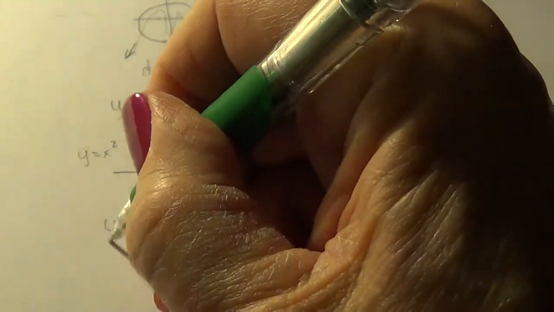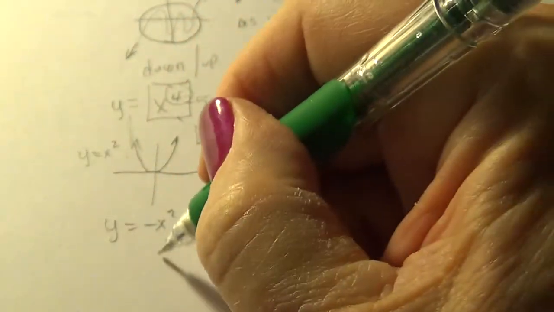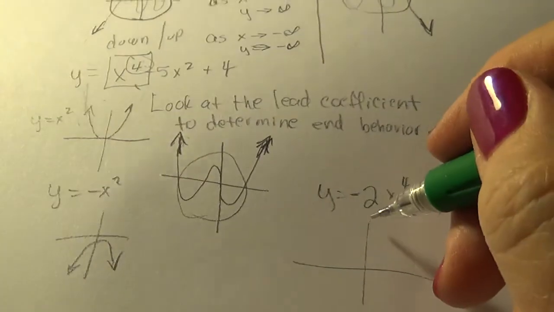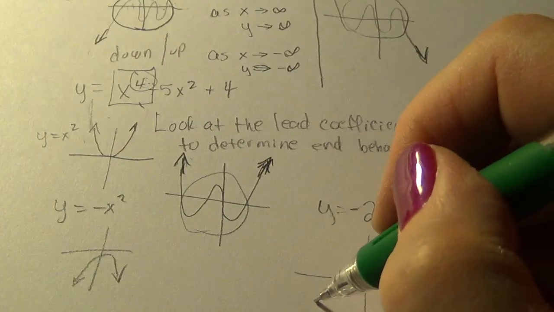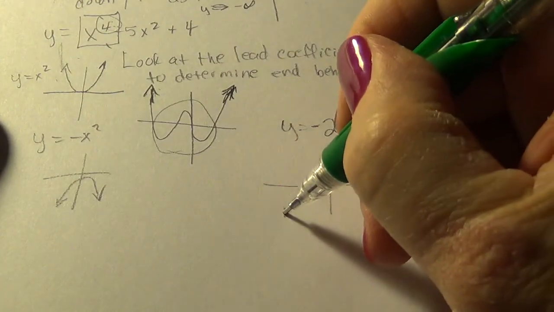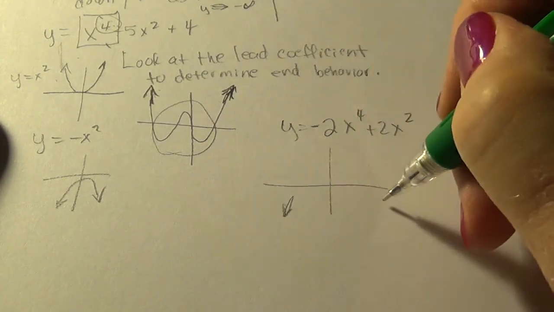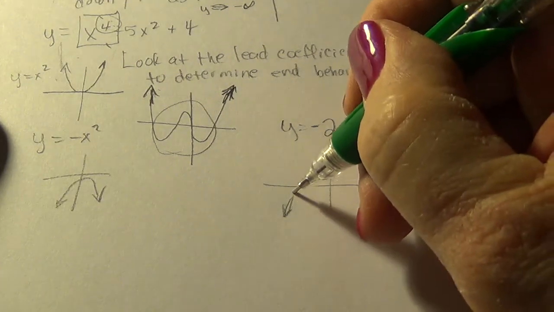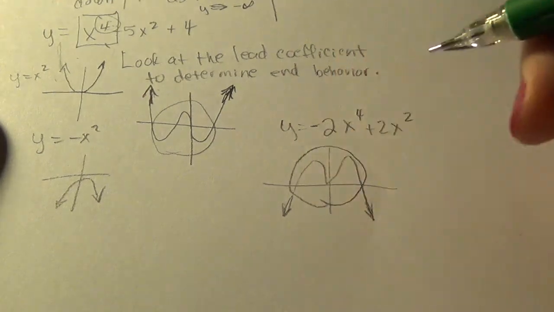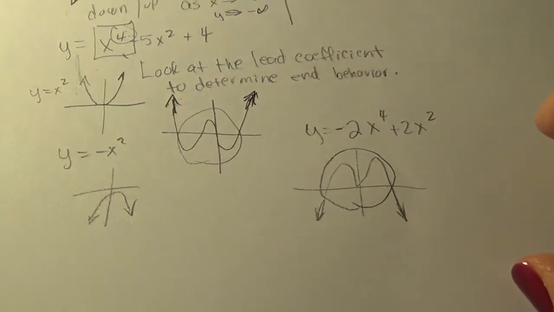It's going to act like y equals negative x squared, which will reflect that, and we'd have a down, down. So this function will end up going downward on this end, and downward on this end. In between, maybe something like that. No promises about the in-between. Again, I'm looking at end behaviors.